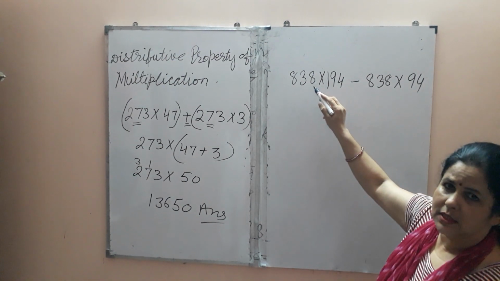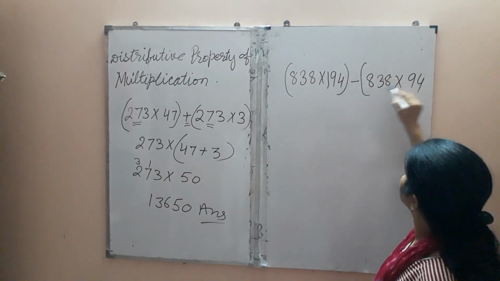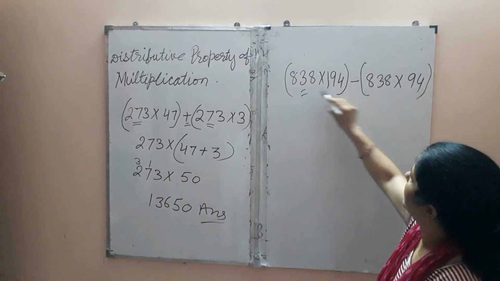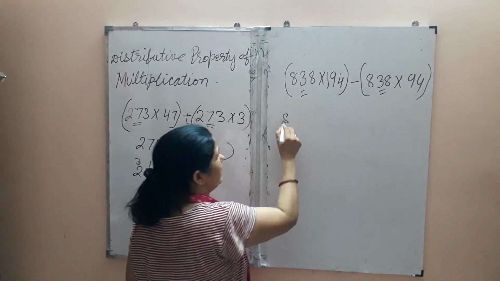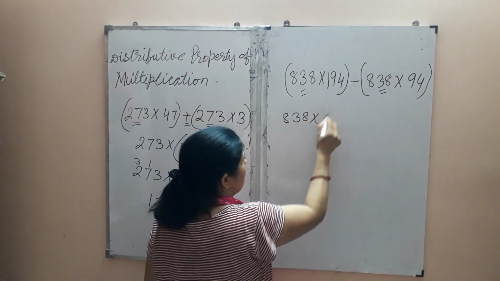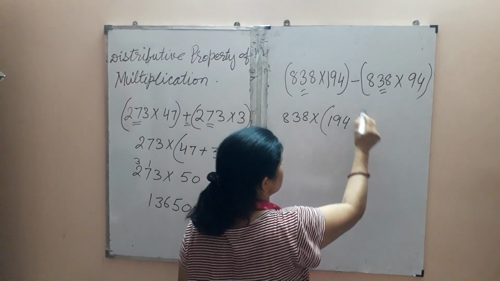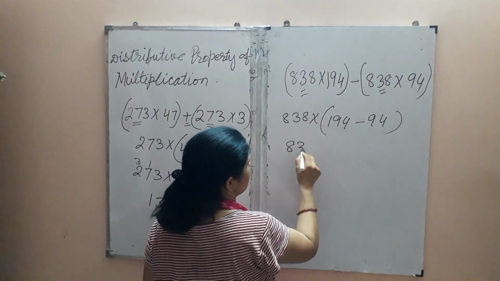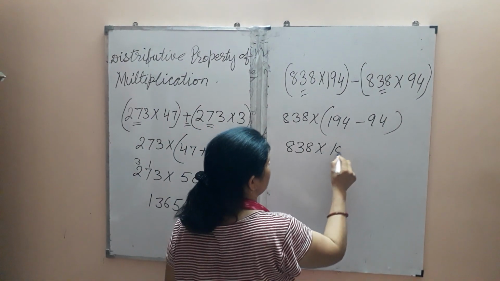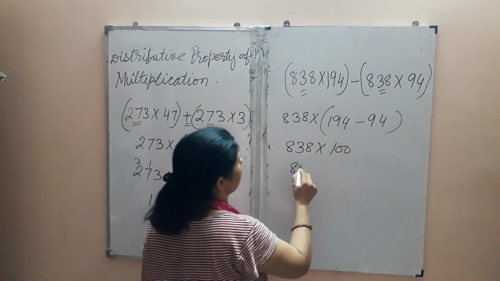If the multiply sign is there, it means they are in the same group. So this is one group and this is another group. In both groups, 838 is common. So we will take 838 common. 194 is left here, minus 94 left here. 838 multiplied by 100. 194 minus 94 is 100. So it will be 83800.